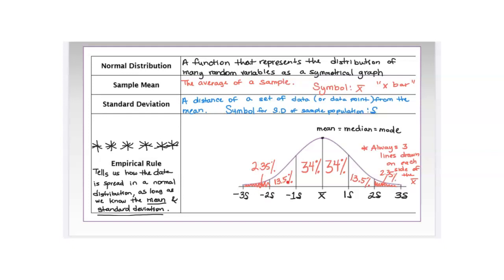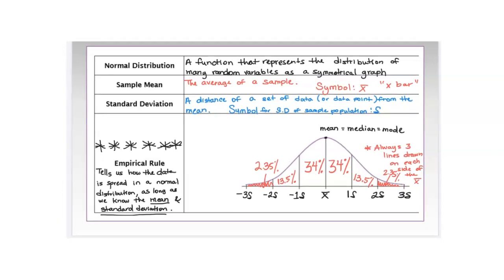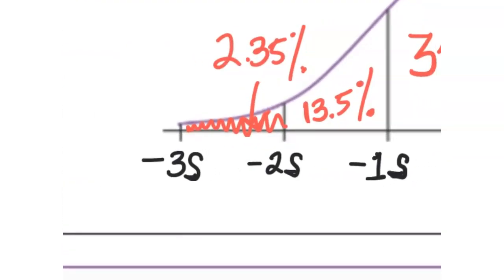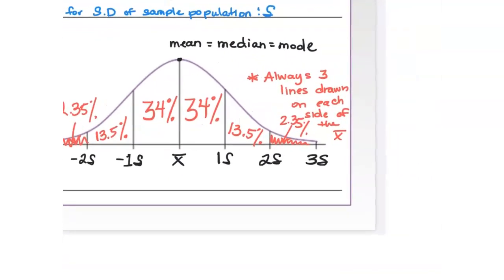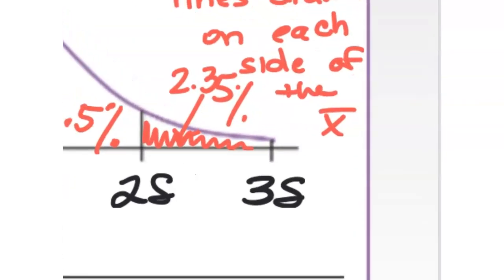Okay, if you added these numbers up, we'd get a number that's very, very close to 100. If I zoom in a little teeny, you'll see that there's a little bit more space, and that space is here. Within this space here, and it is mirrored on the opposite side too, this is about 0.15% of our data. So it's a really, really tiny percentage of our data. And then same thing here. Over here, this is about 0.15% of our data.